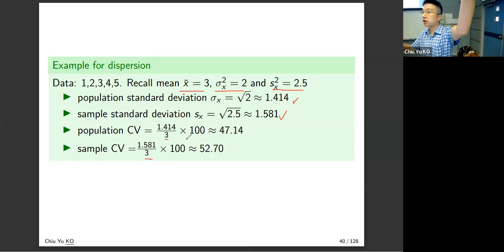Now we have 5 measures: range, interquartile range, variance, standard deviation, and coefficient of variation. Of course, the last 3 are very similar, but anyway, these are the things you see in most of the reports you read. Is there a question?